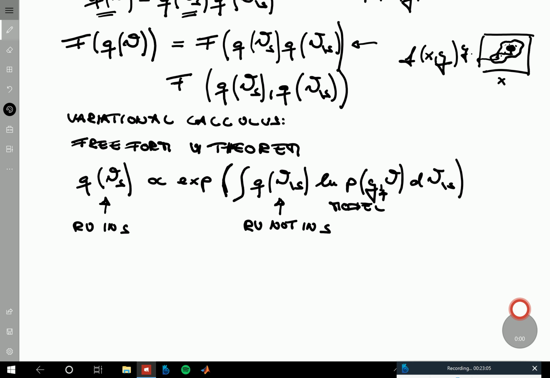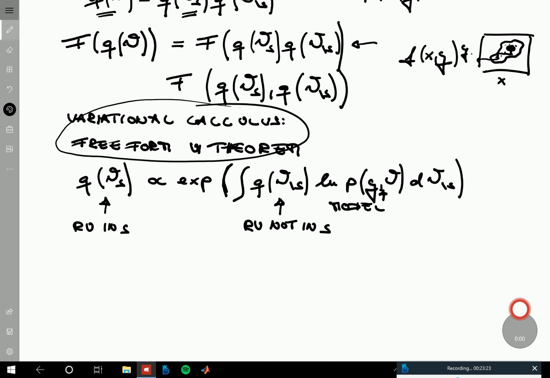So this is where this whole variational inference thing comes from. Essentially, this is a solution to maximizing a variational free energy.